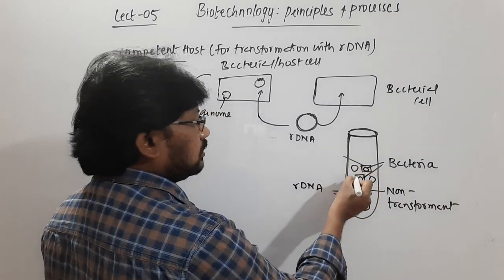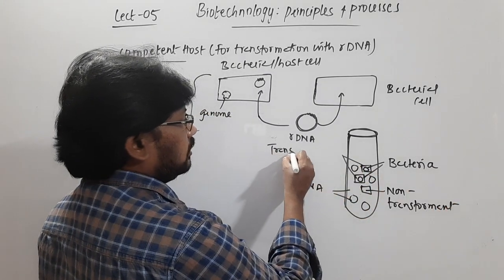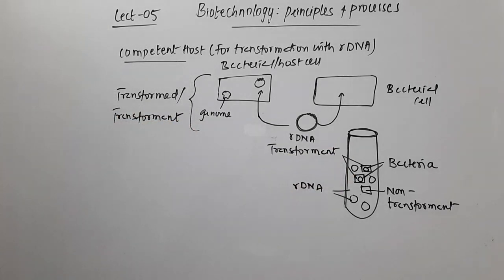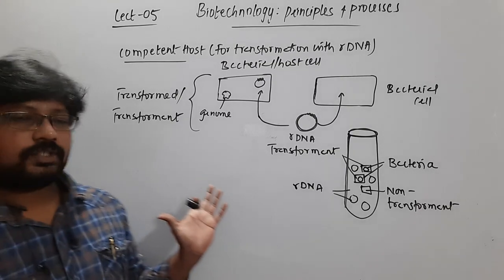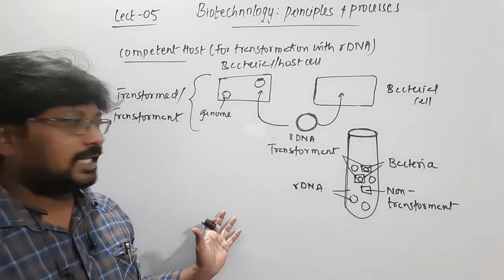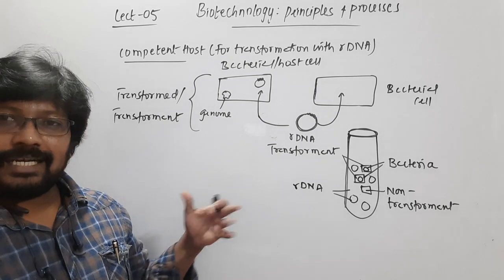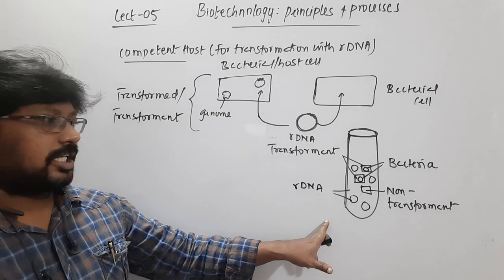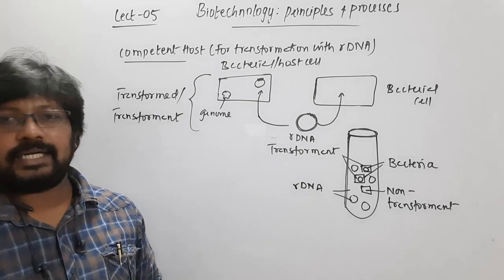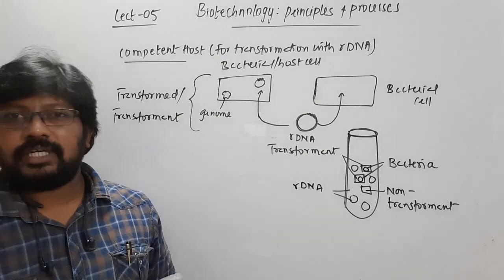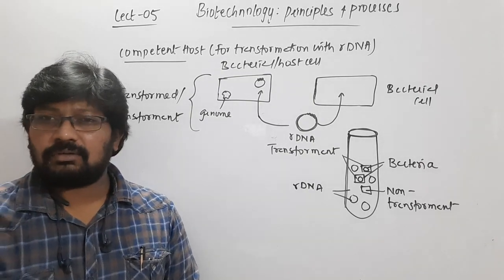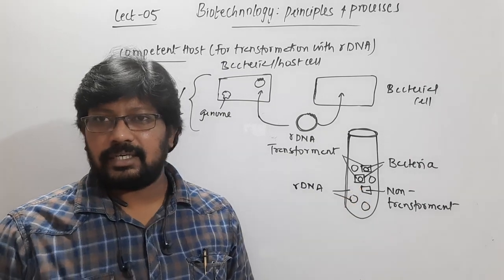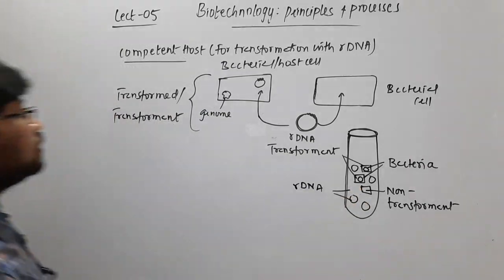So these two are transformants. Already they have taken that plasmid. The difference between transformant and non-transformant is that the transformant will take up that rDNA and get transformed, whereas the non-transformant will not be taking that rDNA. So it all depends. There is no rule that all bacteria should take the rDNA, right?